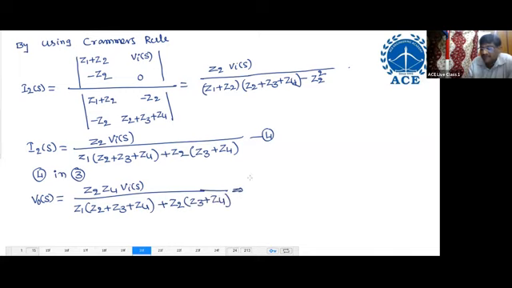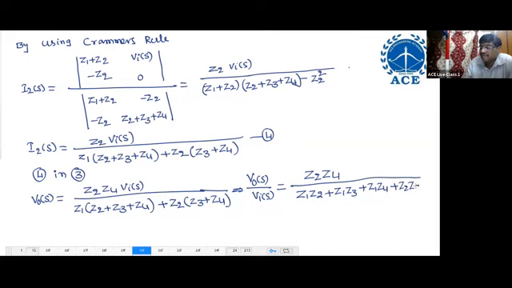Finally, what is the transfer function? V0 of S by Vi of S equals Z2 Z4 by Z1 Z2 plus Z1 Z3 plus Z1 Z4 plus Z2 Z3 plus Z2 Z4.